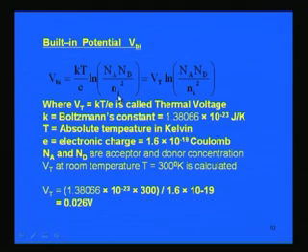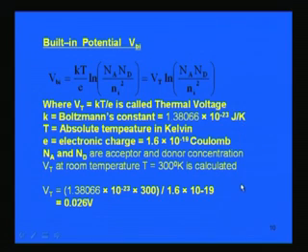This term kT by e is called thermal voltage Vt, which is equal to kT, where T is the Kelvin temperature, divided by the electronic charge, and k is the Boltzmann constant. This constant is 1.38066 into 10 to the power minus 23 joule per Kelvin. T is absolute temperature in Kelvin, and electronic charge is 1.6 into 10 to the power minus 19 coulomb.